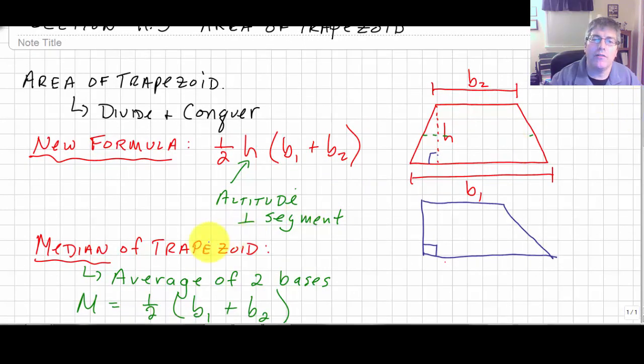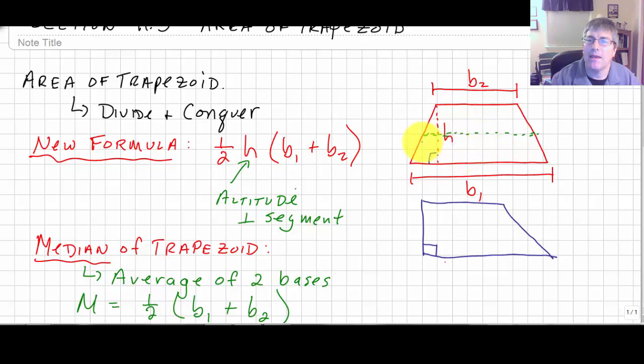We also have a new concept in this section, and that's the median of a trapezoid. The median of a trapezoid is the average of the bases. The median is the segment that runs across the middle. It's equidistant from our two parallel bases.